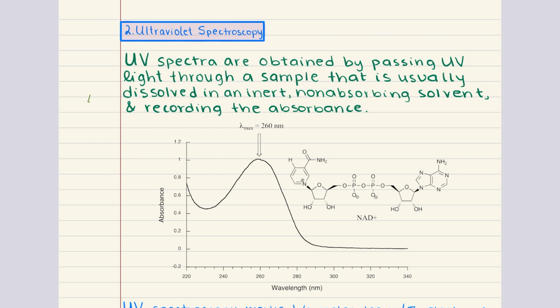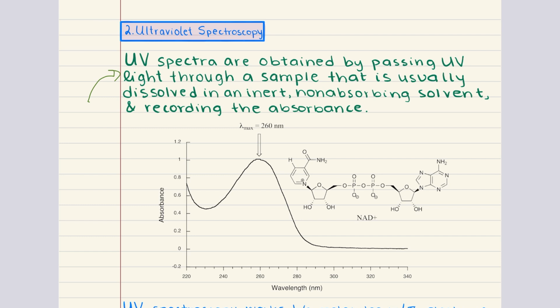To collect a UV spectrum, we shine ultraviolet light through a sample, and usually the sample is dissolved in a clear solvent that doesn't absorb UV light, so that the absorbance we measure comes only from the molecule we're interested in.